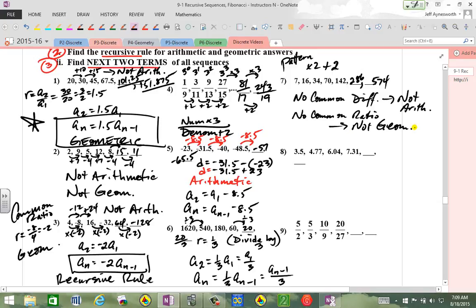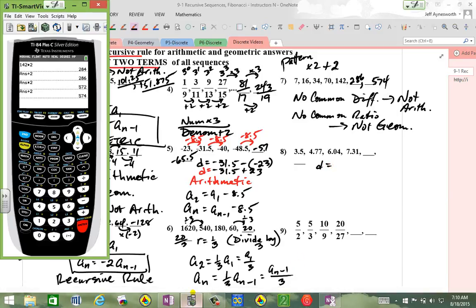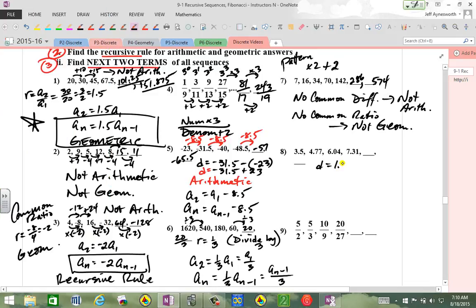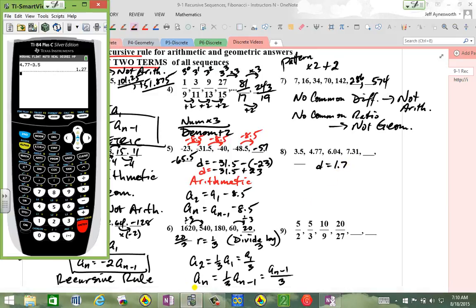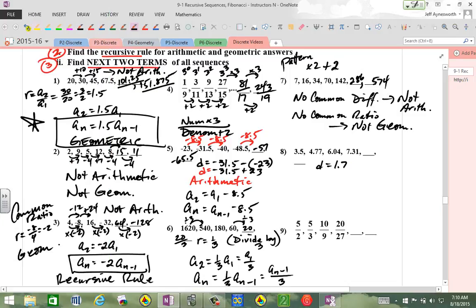On the next one here, what do you add to 3.5 to get to 4.77? So I don't know. Let me check here. So on this one here, let's take 4.77 minus 3.5, and you get 1.27.